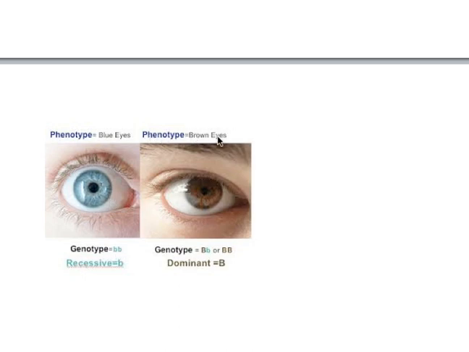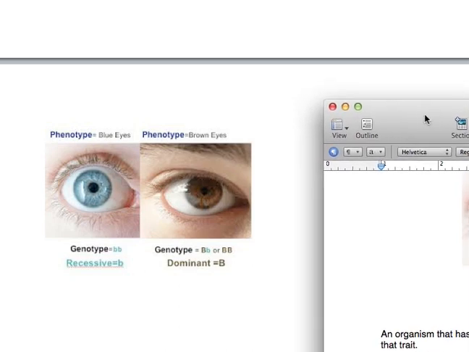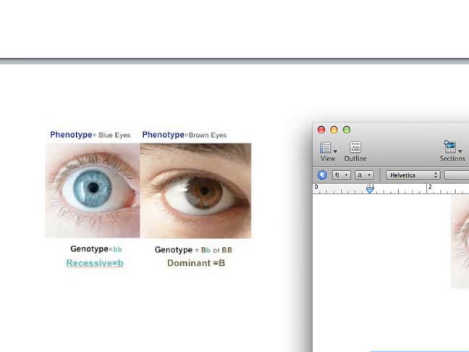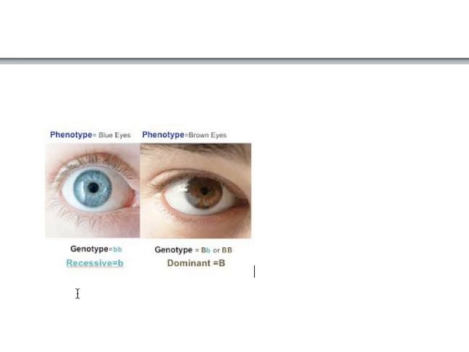If somebody has the dominant phenotype of having brown eyes, their genotype could be big B, little b, or 2 big B's. And instead of just saying big B, little b, we're going to give you some vocab to help you talk about it more readily without getting so tongue-tied, as Mrs. Sansone has a tendency to do.